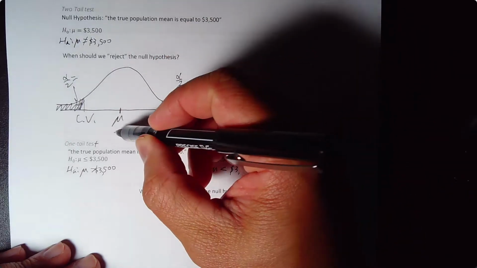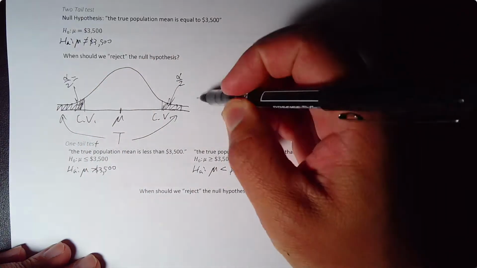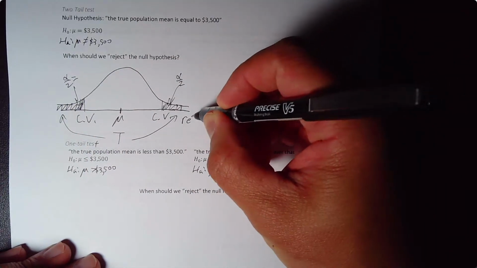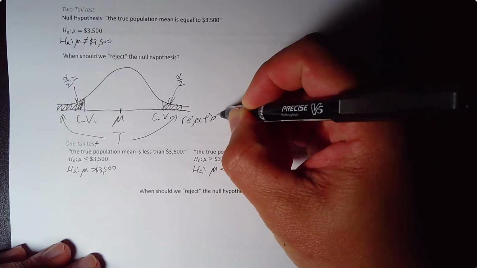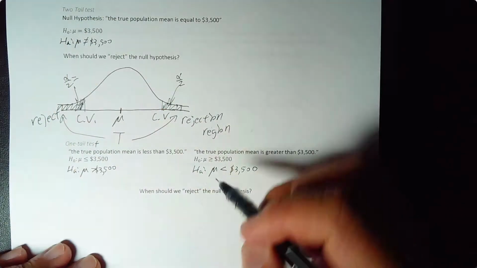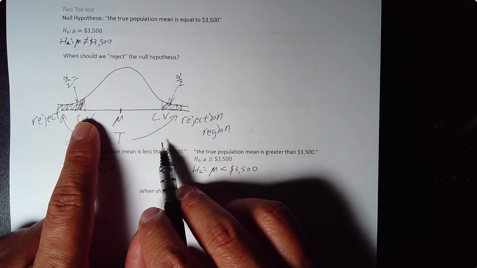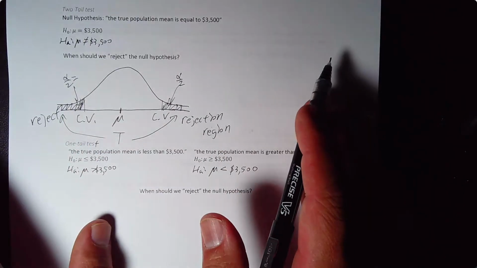If your test statistic falls out here, then we call this the rejection region. This is the reject and reject. So if your test statistic is greater than this critical value, or if it's less than this critical value, then we will reject the null hypothesis.